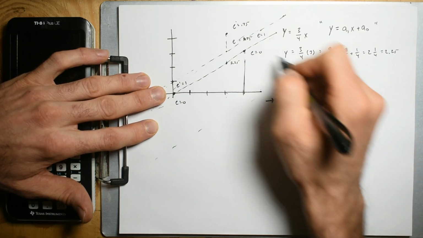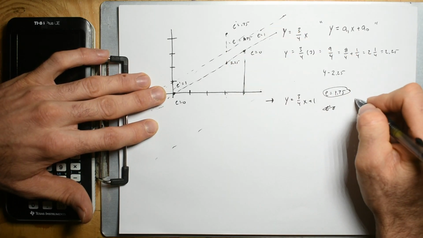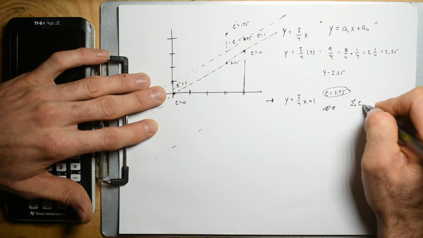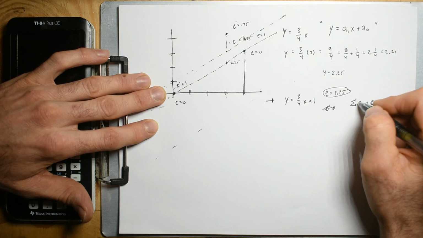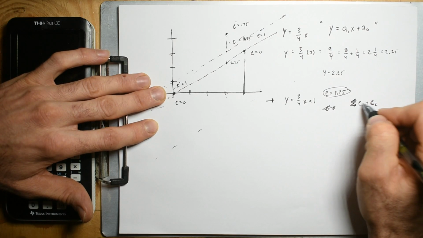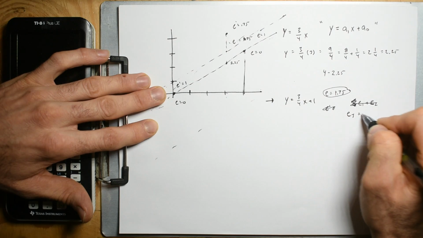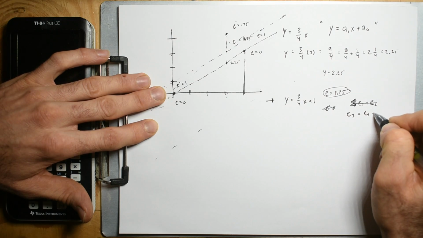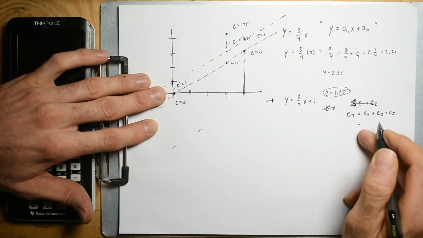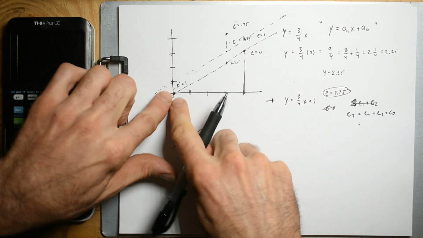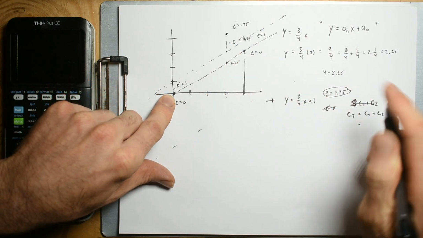The total error, the error prime, this was just a single value, but if I said the error total is equal to error 1 plus error 2 plus error 3, in the first case, we had 0, 1.75, and 0.